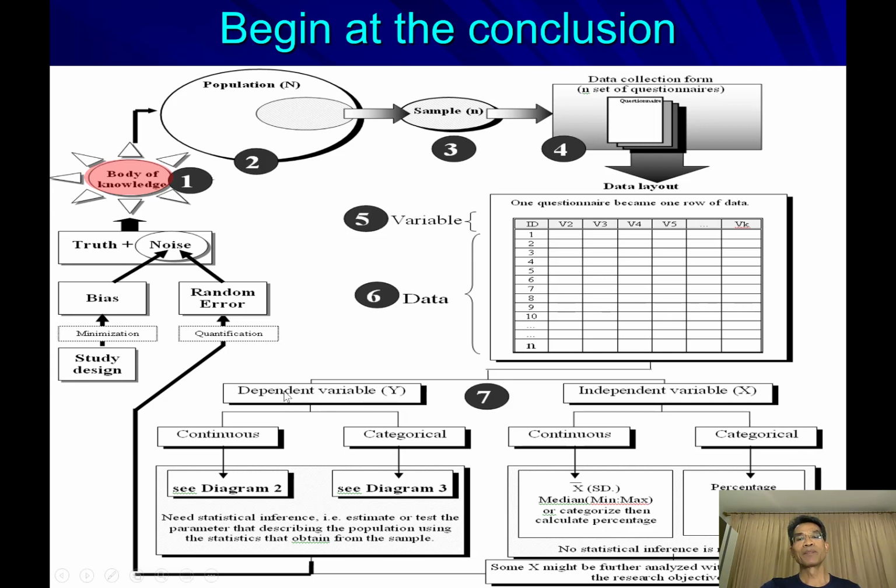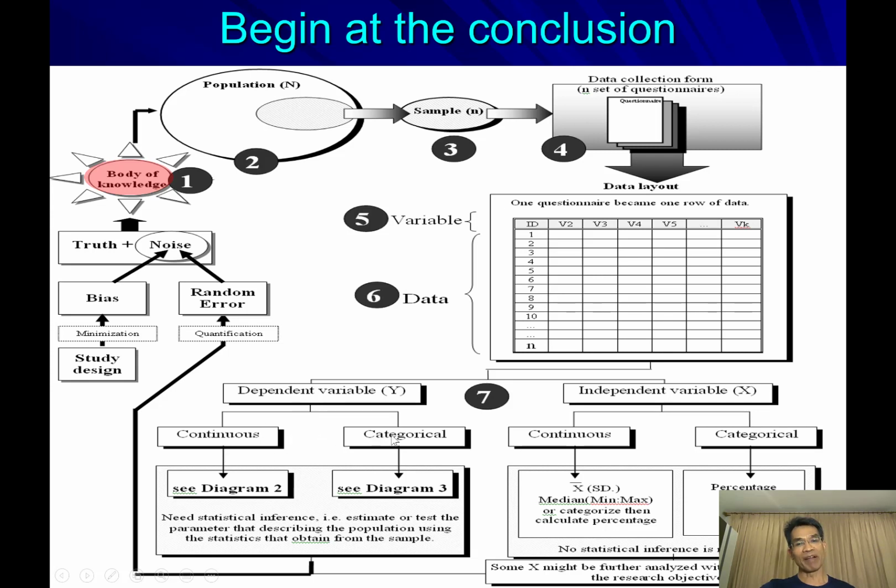The first one is the variable, that is the outcome, or the dependent variable, designated by Y. And the independent variables or explanatory variables, designated by X. And then after that, we need to be able to classify what is the type of those variables.